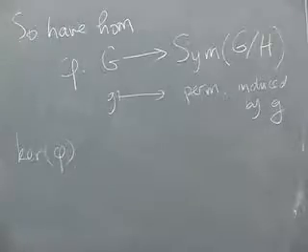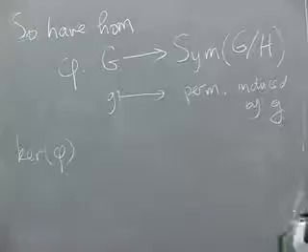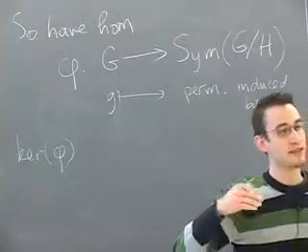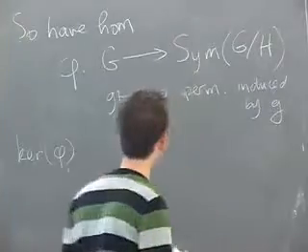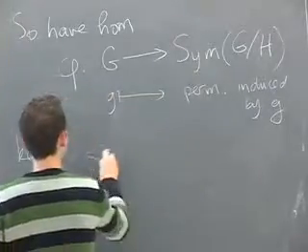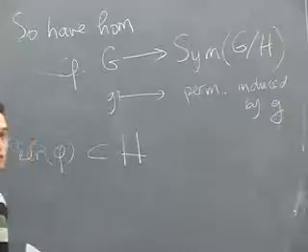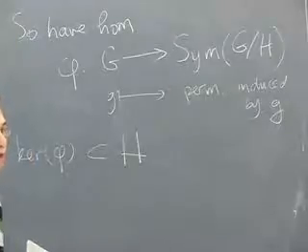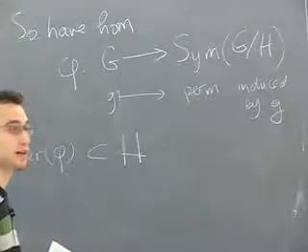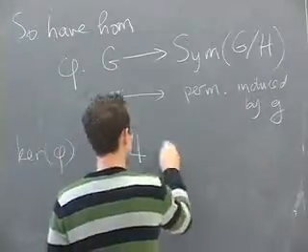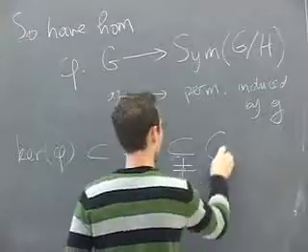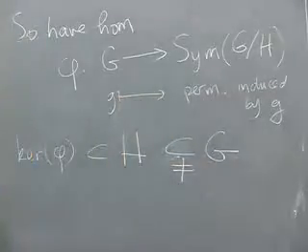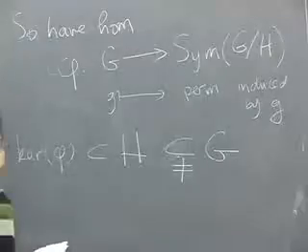That's just the definition of the action. Things are equivalent only if they differ by multiplication by an element of H. That's how cosets work. So the kernel must be contained in H just by general principles. It's a normal subgroup of G, which is also contained in H. This thing is a proper subgroup of G, so it is not all of G.